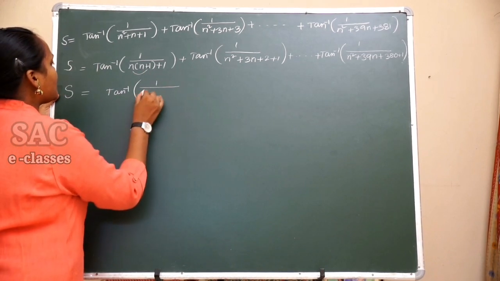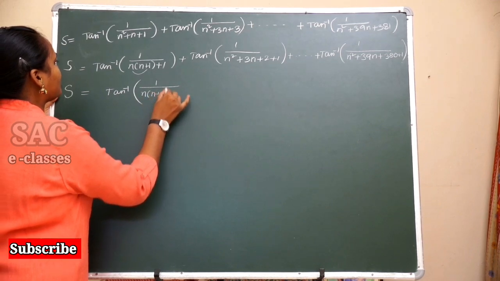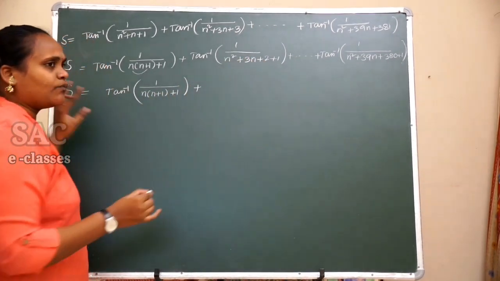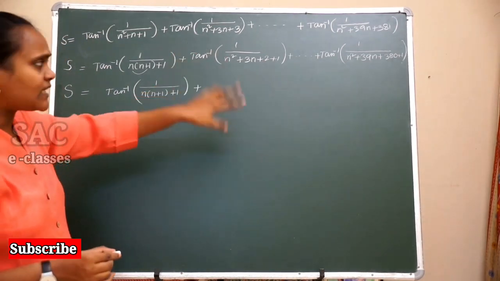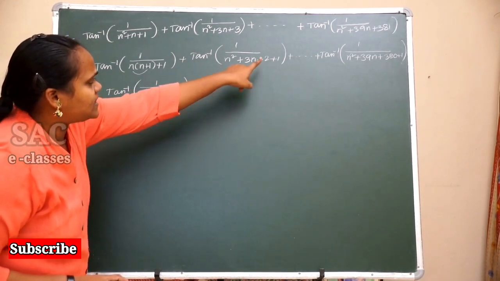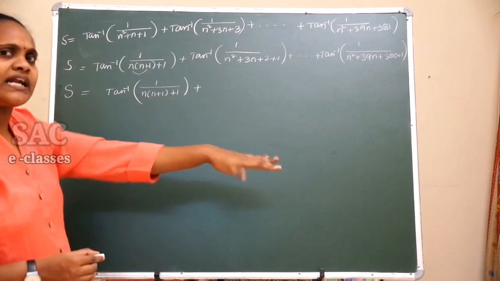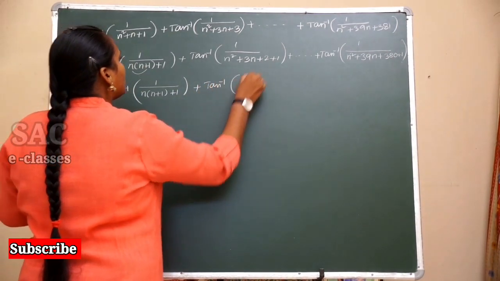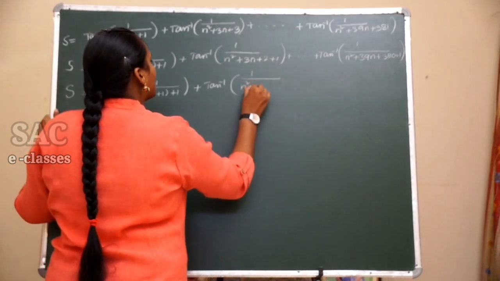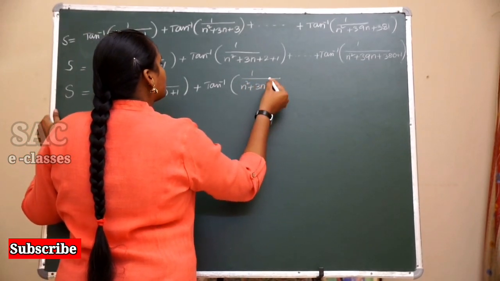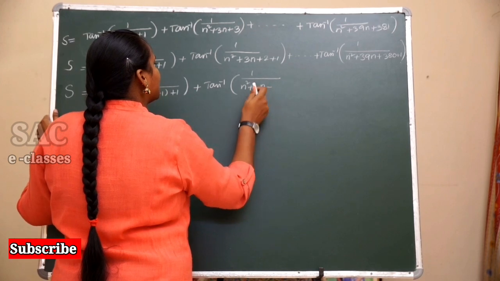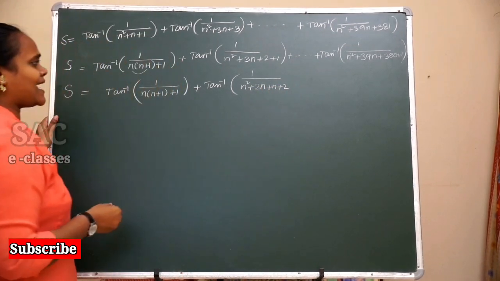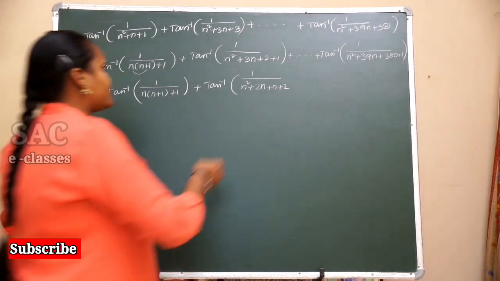So 1 by n into n plus 1 plus 1, plus, is it also differing by 1? Can we write that entire n square plus 3n plus 2 in that way or not? Let us see that. Yes, we can write tan inverse 1 by n square plus 3n plus 2. So I am factorizing it as n plus 1 into n plus 2. Can I express 3n as 2n plus n plus 1?